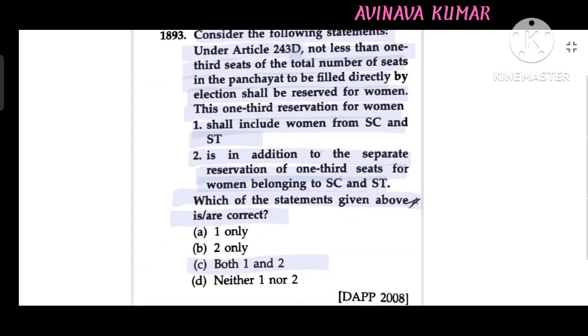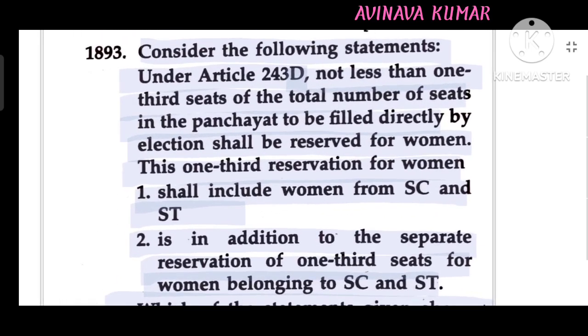Both 1 and 2 are correct. Article 243D: not less than one-third of the total number of seats in the Panchayat to be filled by direct election shall be reserved for women.